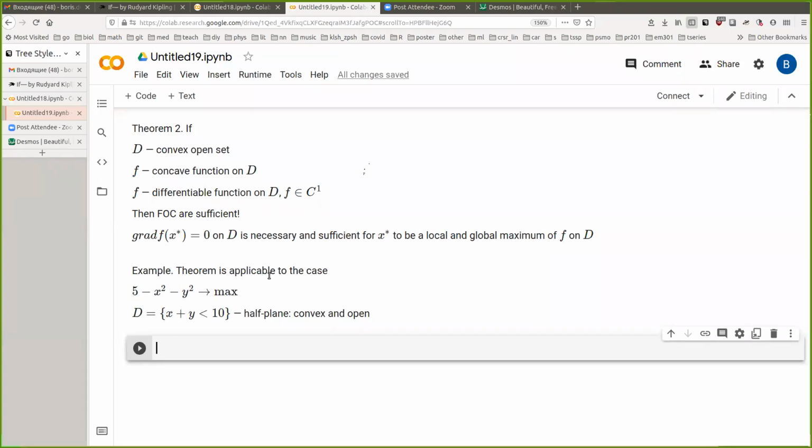Yes, thank you. We have a formal definition that every point is contained with its epsilon neighborhood, but intuitively an open set is a set that does not contain its borderline at all.